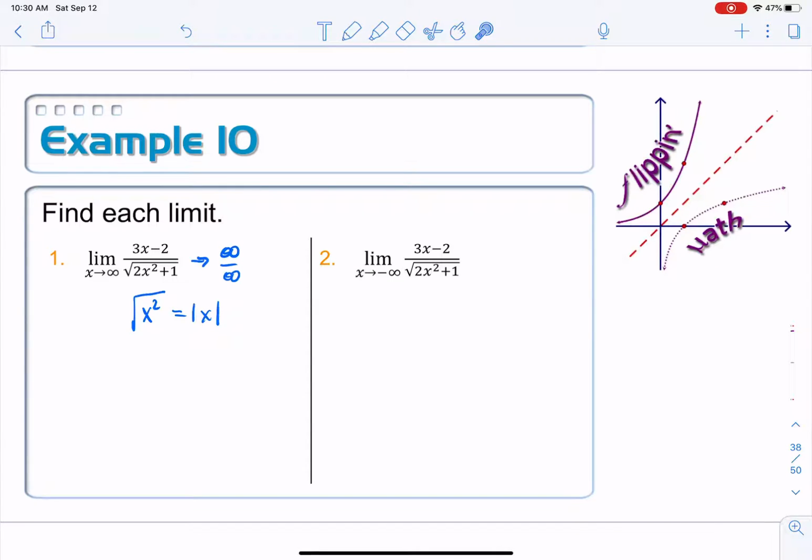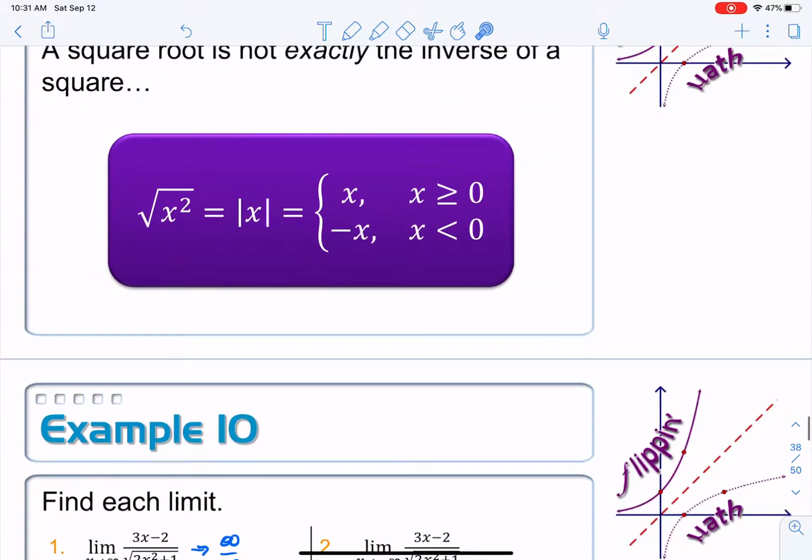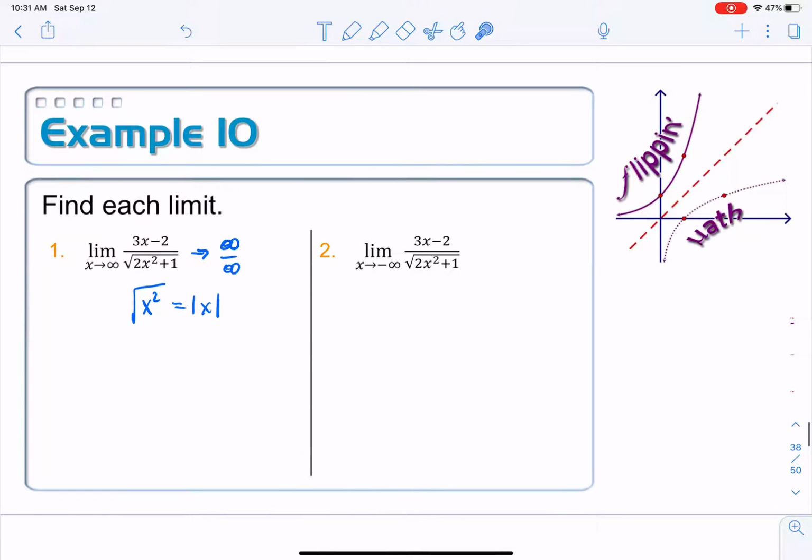However, in this particular case, x is a positive number because I'm going towards positive infinity. Over here, number 2, it's going to be a negative number. But on number 1, if x is positive, the absolute value doesn't do anything, and it's just x.